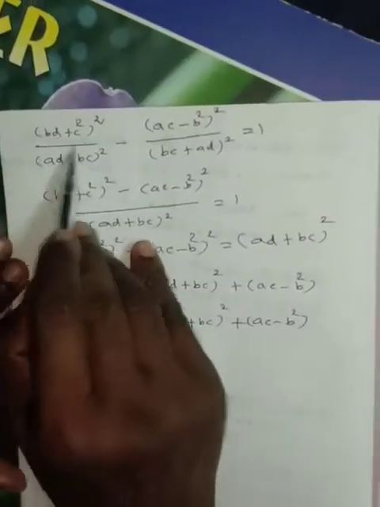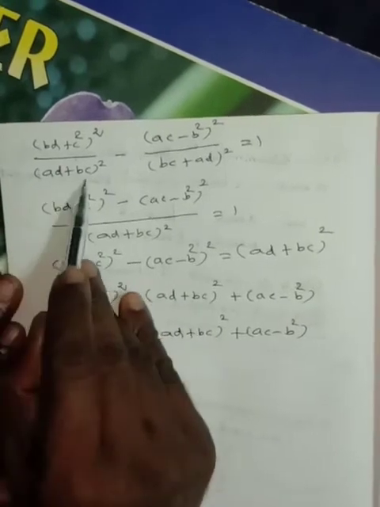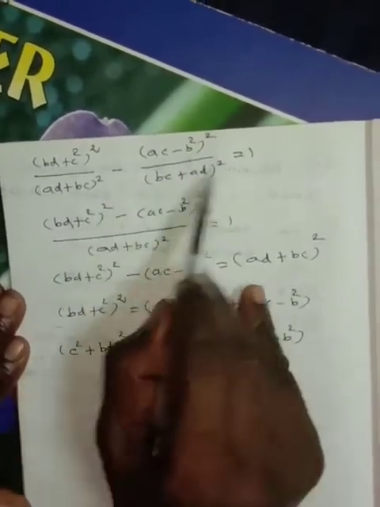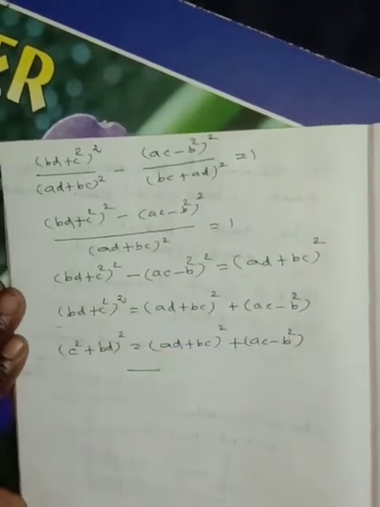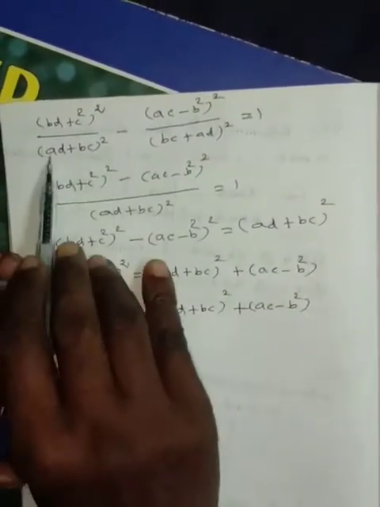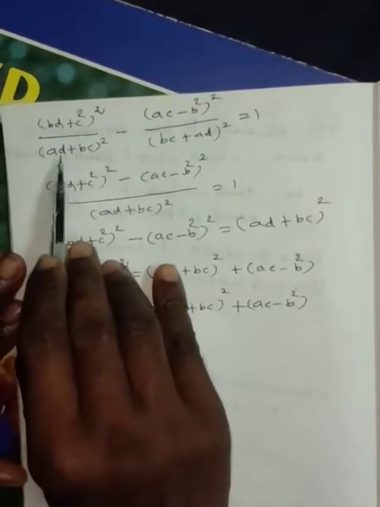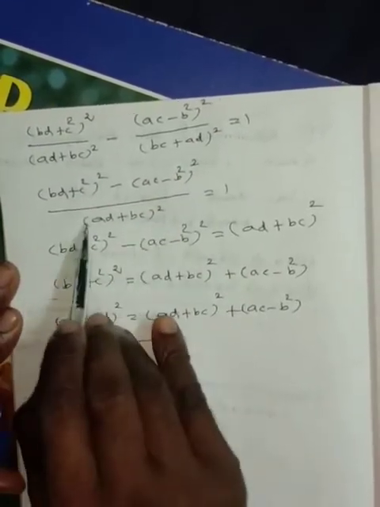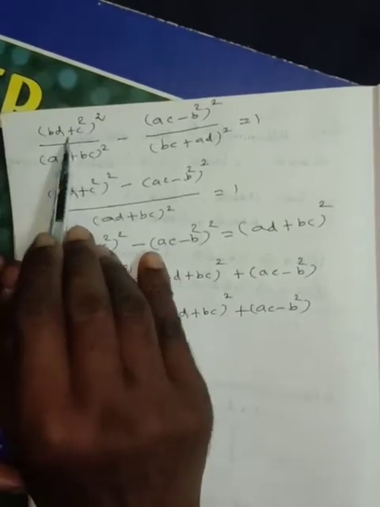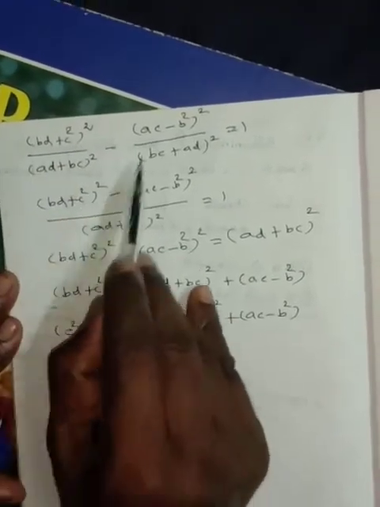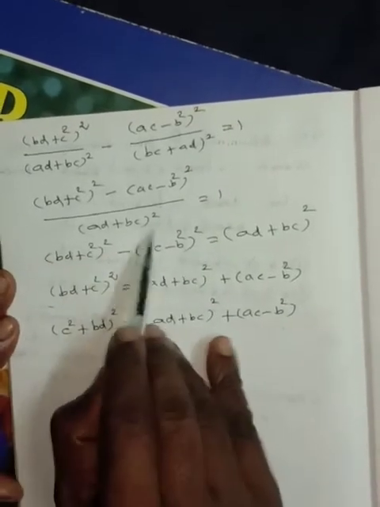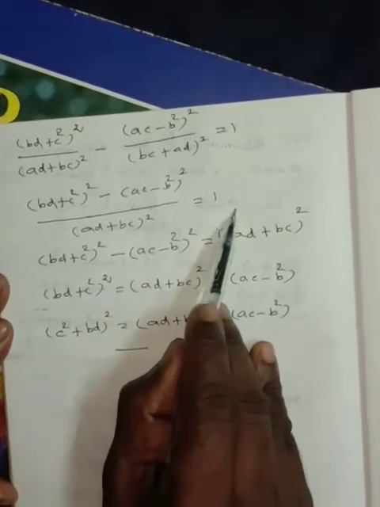Now bd plus c square whole square divided by ad plus bc whole square minus ac minus b square whole square divided by bc plus ad whole square is equal to 1. Now denominators are same, bc plus ad whole square. Therefore take LCM. We get bd plus c square whole square minus ac minus b square whole square whole divided by the denominator ad plus bc whole square is equal to 1.